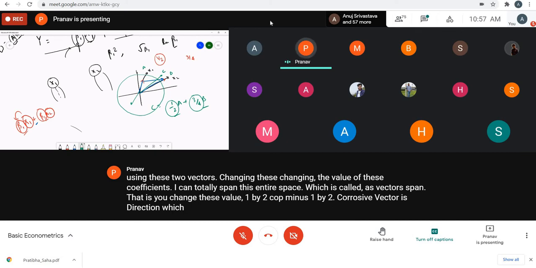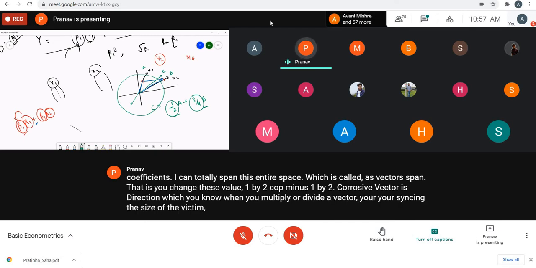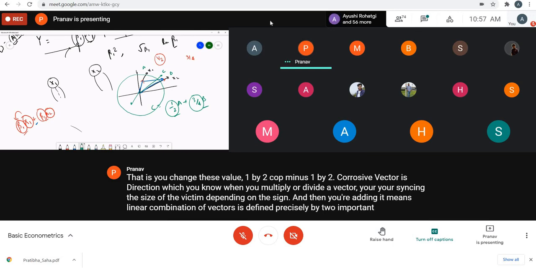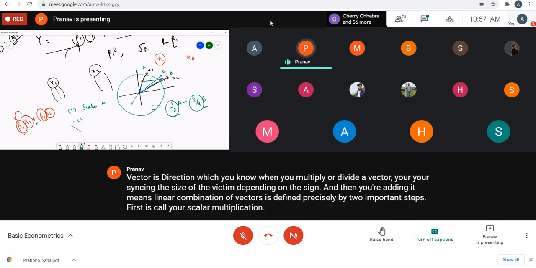When you multiply or divide a vector, you are shrinking the size of the vector depending on the sign, and then you're adding. It means linear combination of vectors is defined precisely by two important steps. First is scalar multiplication, and second is addition of those vectors.